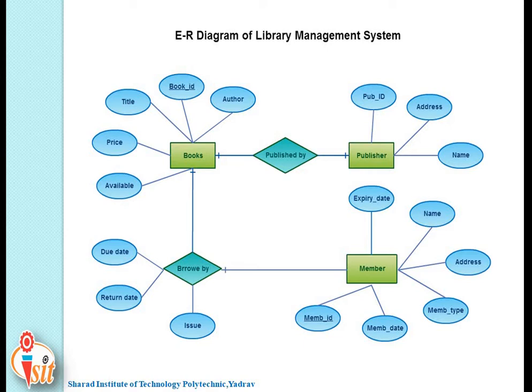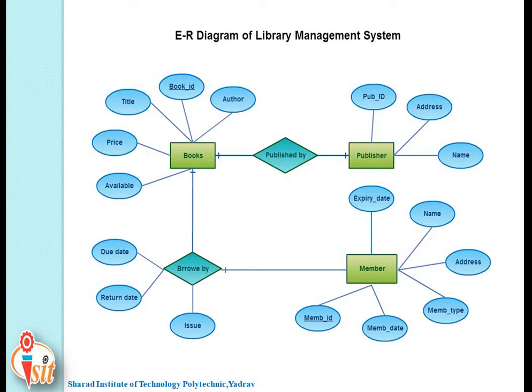Publisher again has various attributes like publication ID, address, name and so on. And the third entity is member, which you can call a student. Students are identified with various attributes like member ID, member date, member type, address, name and expiry date.